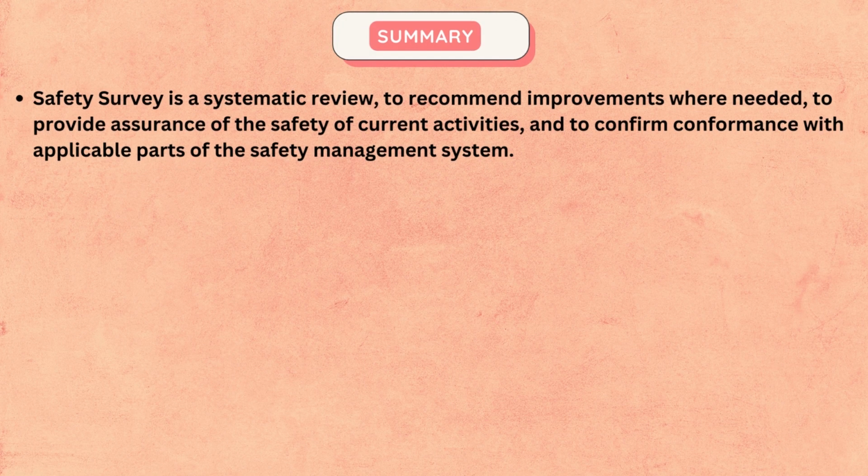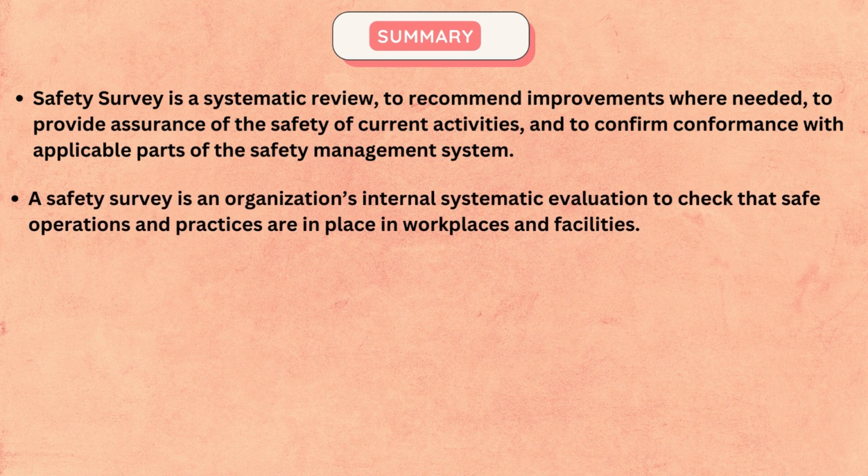To summarize, a safety survey is a systematic review to recommend improvements where needed, to provide assurance of safety of current activities and to confirm conformance with applicable parts of the safety management system. A safety survey is an organization's internal systematic evaluation to check that safe operations and practices are in place in the workplace and facilities.